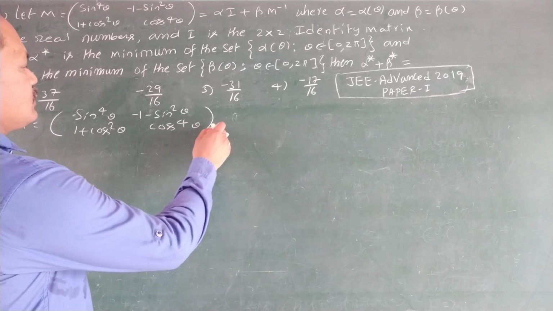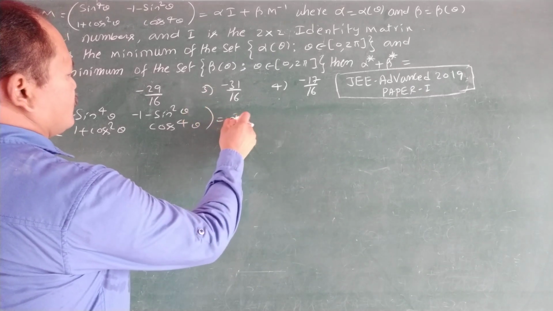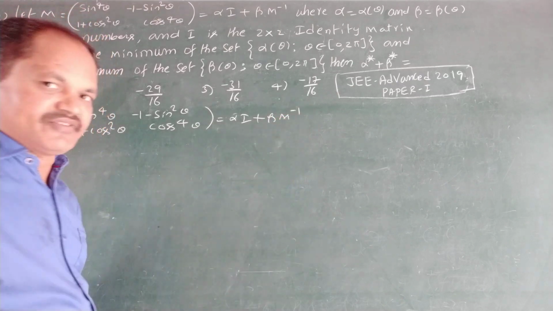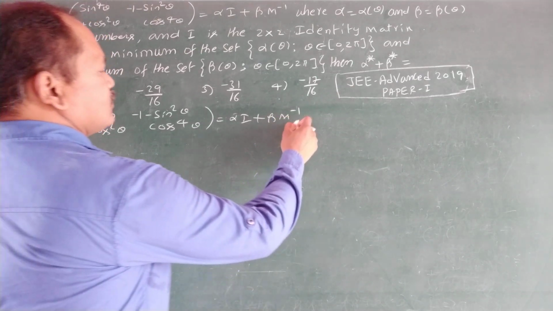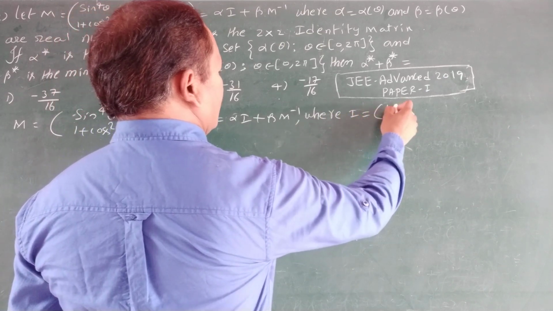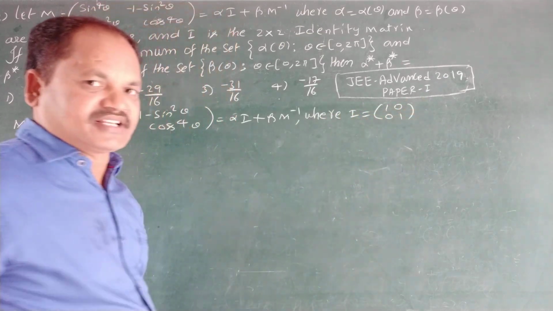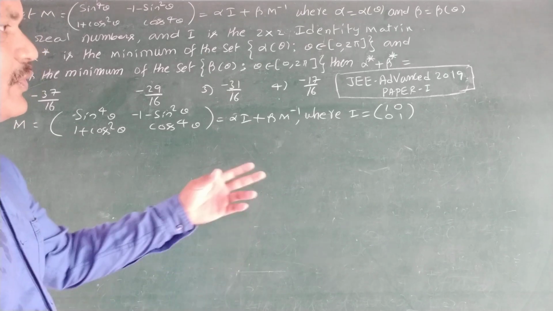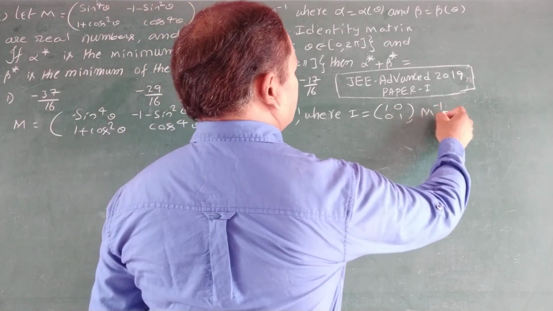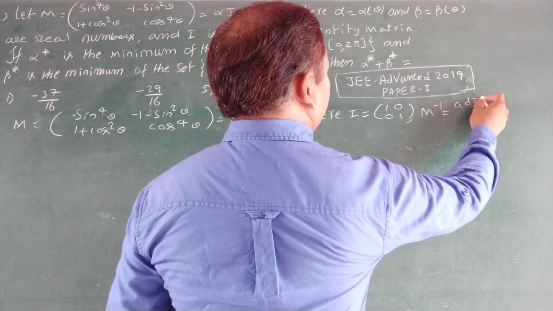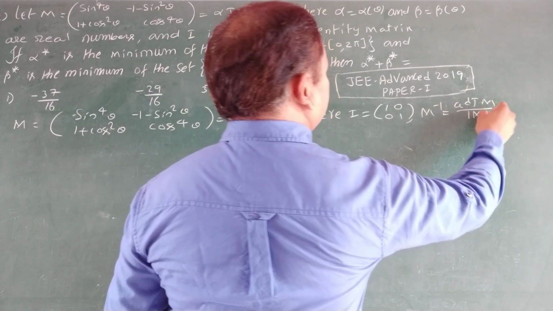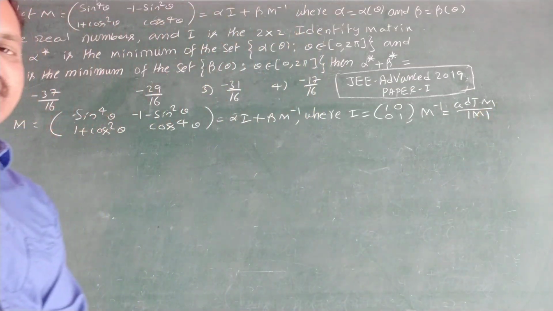Now, we are given αI + βM^(-1), where I is [1 0; 0 1], since that is the identity matrix of order 2. Now, M inverse is equal to adjoint M by det M.